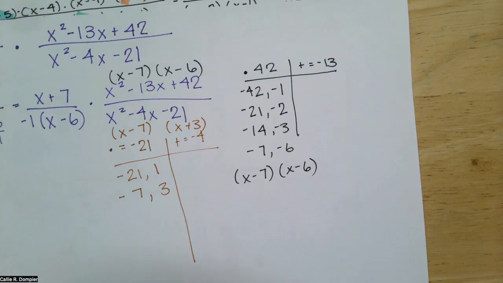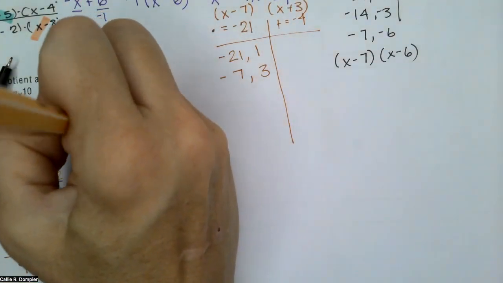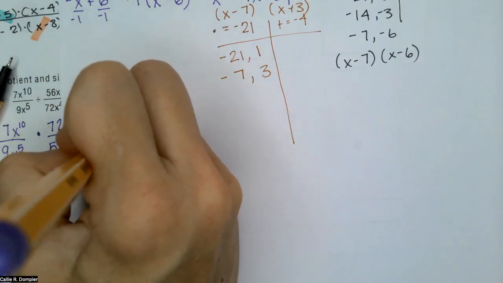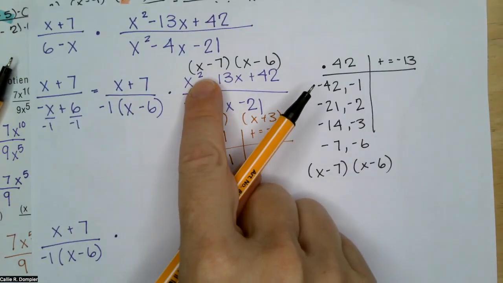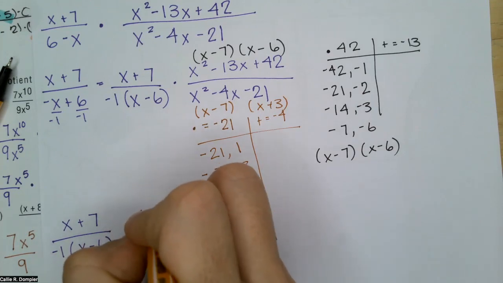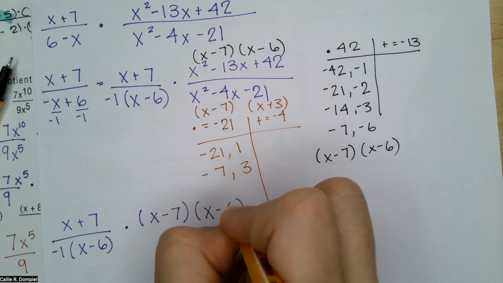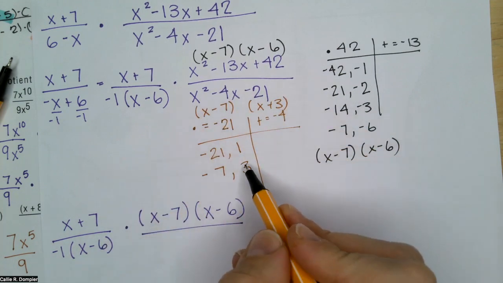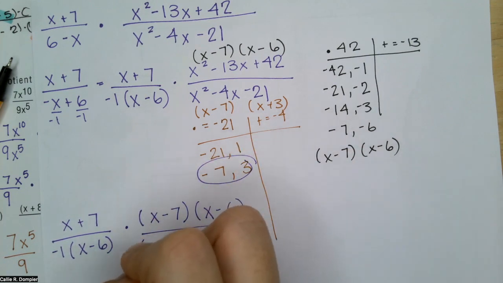Good? So what we had was x plus 7 divided by negative 1 times x minus 6 times x squared minus 13x plus 42 factors to x minus 7 times x minus 6, x squared minus 4x minus 21 factors to x minus 7 times x plus 3.